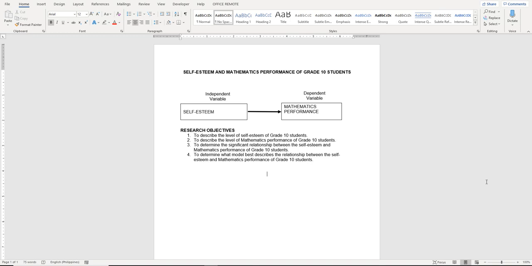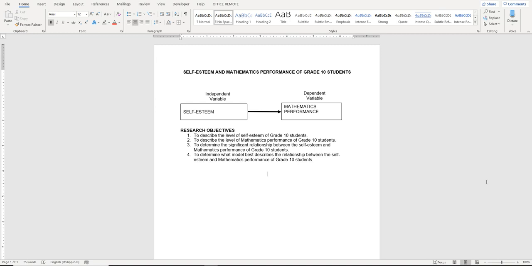Below, we have the conceptual framework stating that self-esteem, which is the independent variable, affects mathematics performance, which is our dependent variable. In our conceptual framework, as we can see here, there is no indicator in every variable.